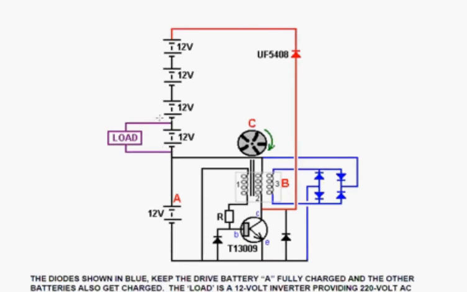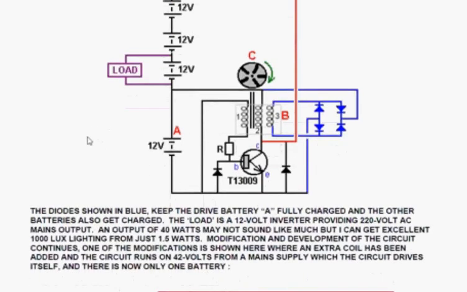But from one of these batteries, he uses a mains inverter, and a load of ordinary mains equipment. Now this is very effective, and he found that he could take 40 watts continuously off that forever and ever.